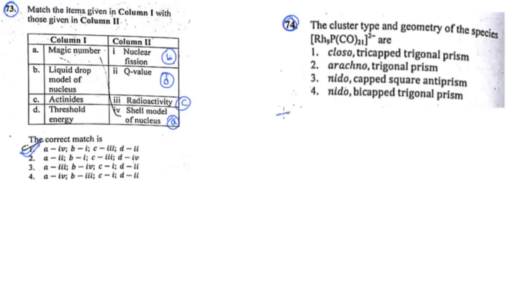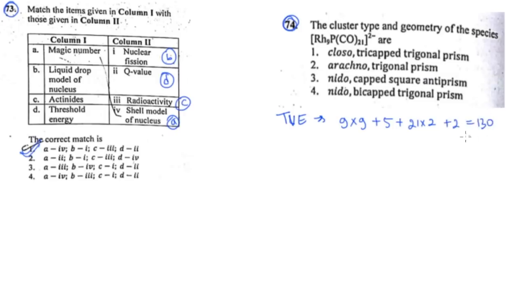First of all, just calculate the total valence electrons. You have 9 electrons from each rhenium, so 9 into 9, then 5 electrons from the phosphorus, then 2 from each carbonyl. We have 21 into 2 from the carbonyl ligands, and the 2 minus charge, so you have to add 2 more.